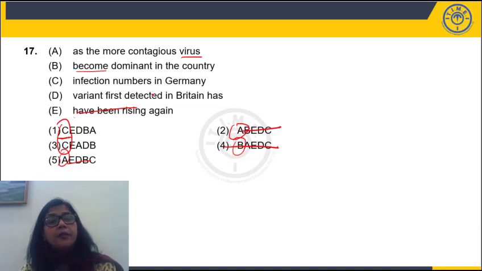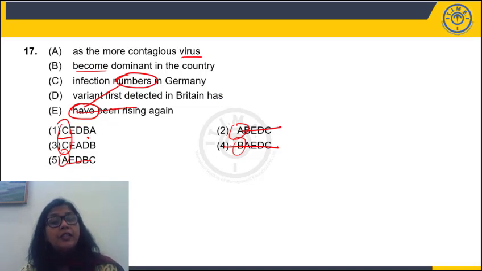Infection numbers in Germany have begun rising again. Numbers have begun. You see the link here. Have begun rising again. Now, D or A. Variant first detected in Britain has. Yes, the link, there's something missing there.